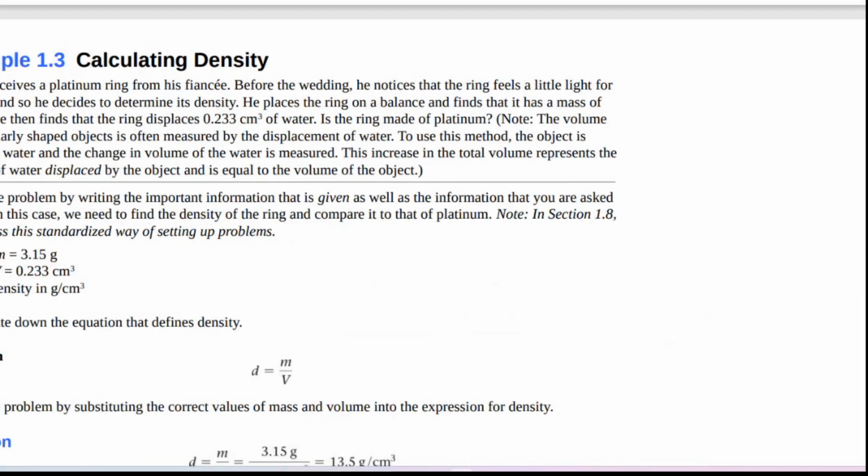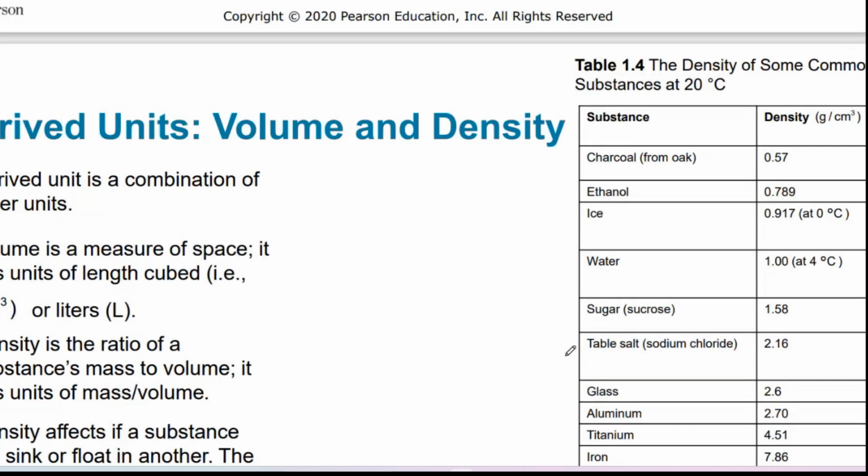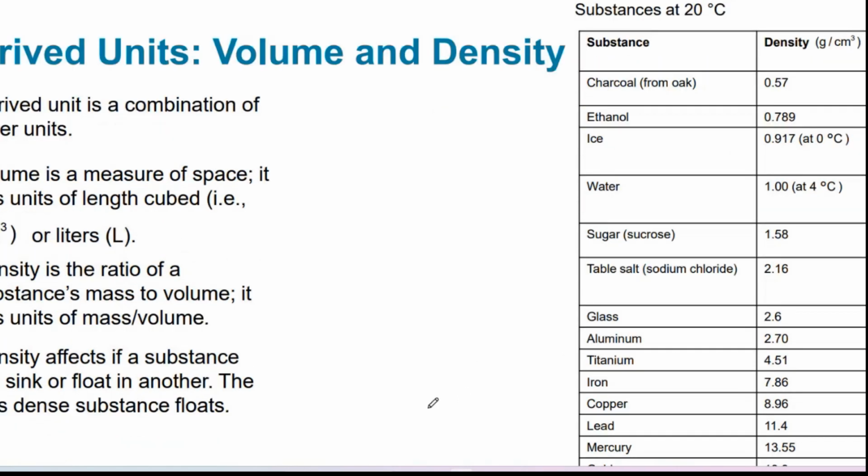So here we're talking about density, and we haven't gotten to density yet. So let's go ahead and talk about density before we work those problems. So density is a ratio of mass to volume, and we're going to be using density a lot because density allows us to convert volume to mass, or mass to volume.